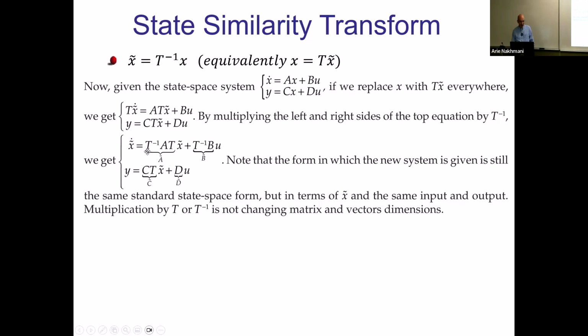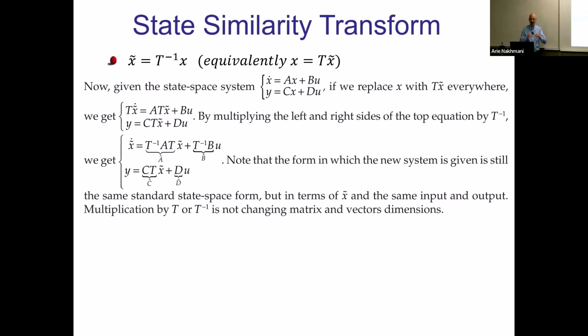So I have that new system like that. And you can think about that entire thing which multiplies X tilde as my new A tilde of some kind. And this is my new B tilde, and this is my new C tilde and D tilde. Right? So this is a new system which looks exactly the same as the previous system. It's some matrices A, B, C, D, but with tildes, with exactly the same structure.